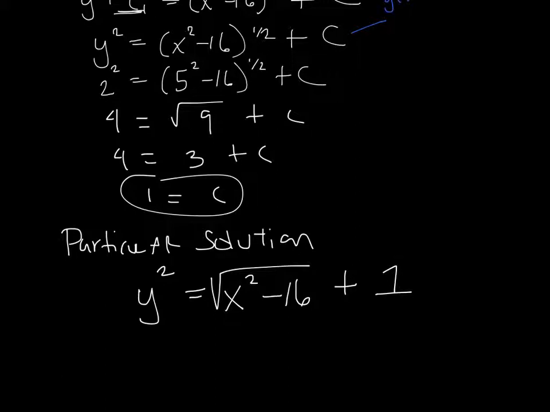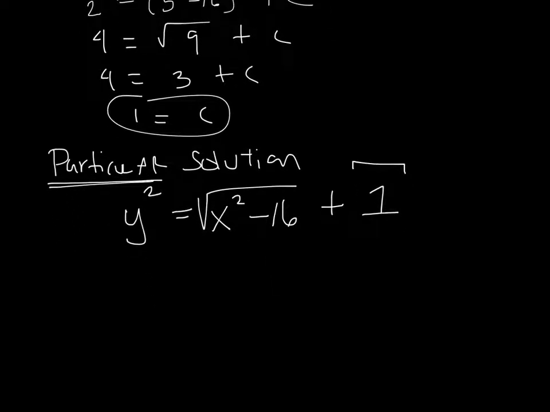So it's a particular solution, because our c is fixed. There's one particular solution with that c, and in this solution, y is defined implicitly.